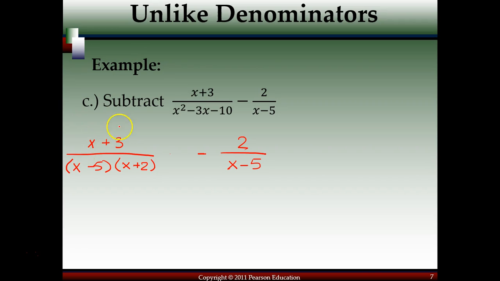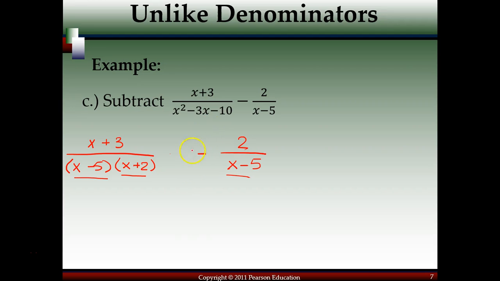So same thing as above, I just rewrote the denominator in its factored form. In its factored form, we can see that we have in common between the two denominators an x minus 5 already. What we do not have in common is the x plus 2.